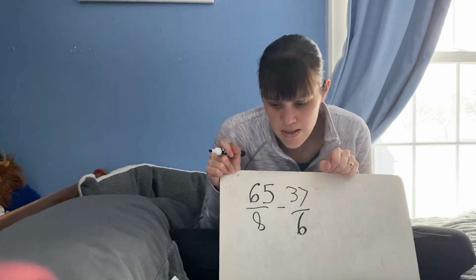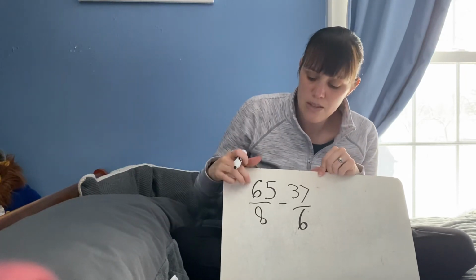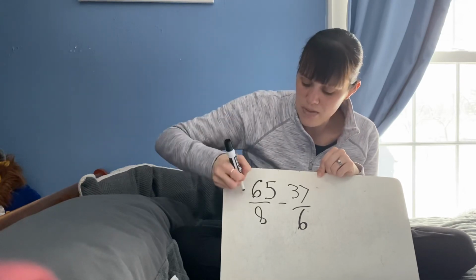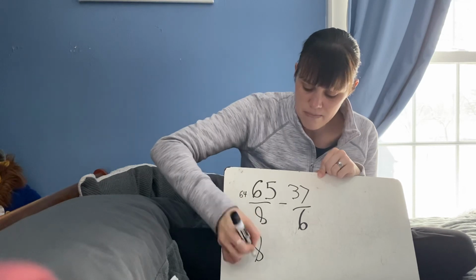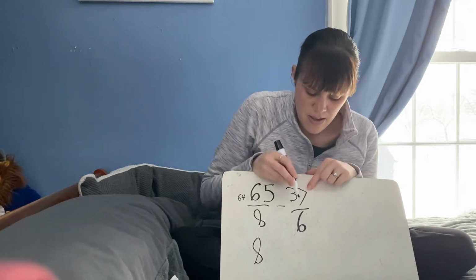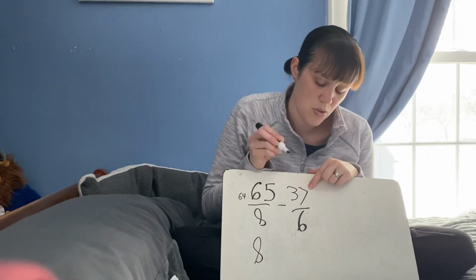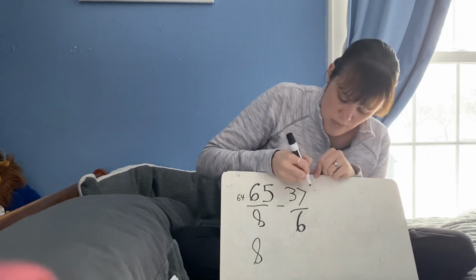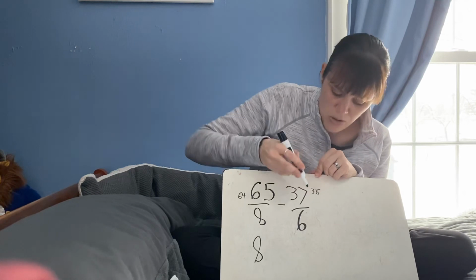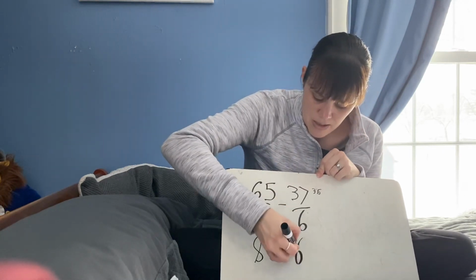What's next? 64. 64 is really close to 65, isn't it? What's 64 divided by 8? 8. Skip count by sixes. 6, 12, 18, 24, 30, 36. Oh. What's 36 divided by 6? 6.